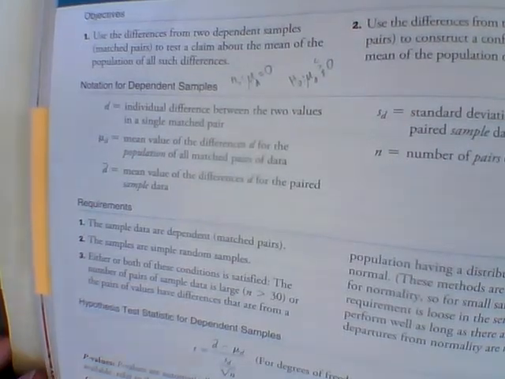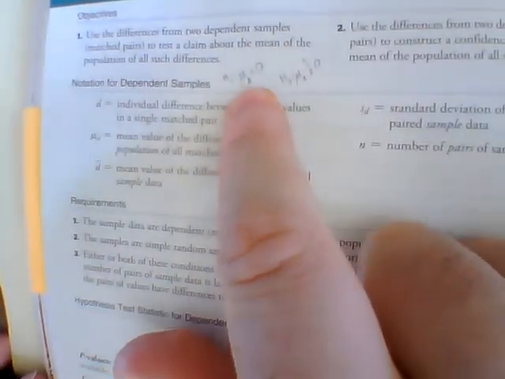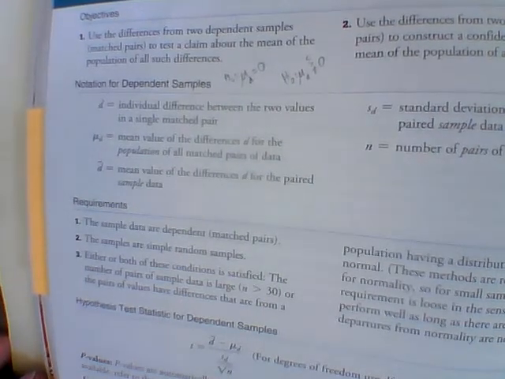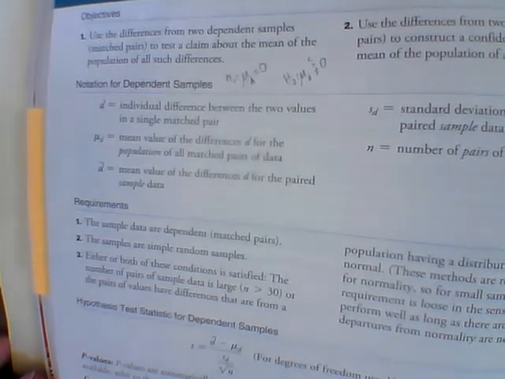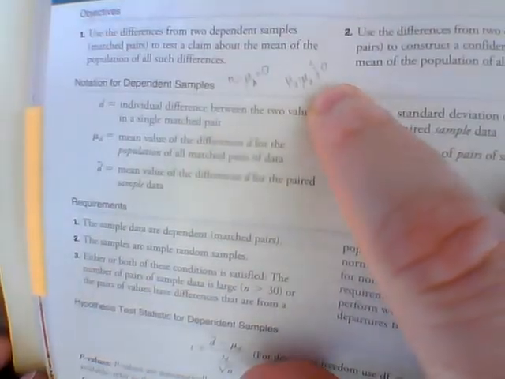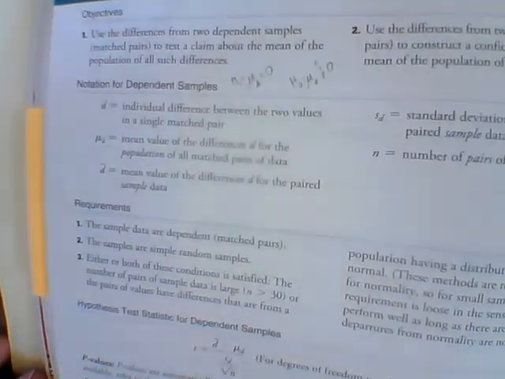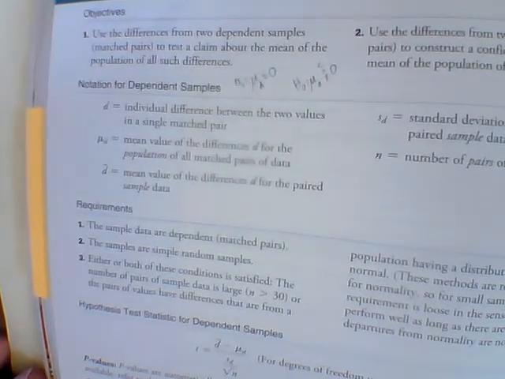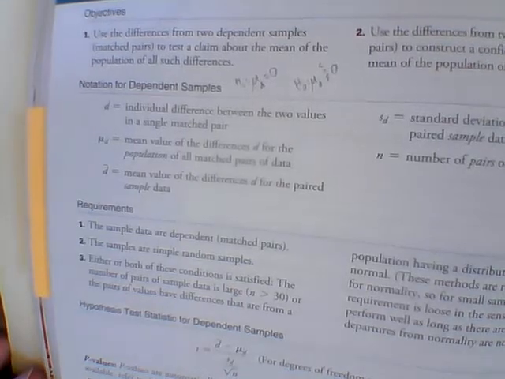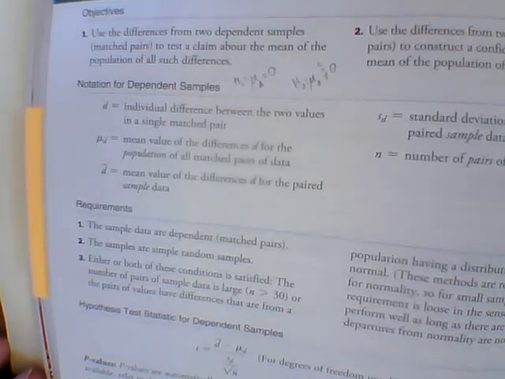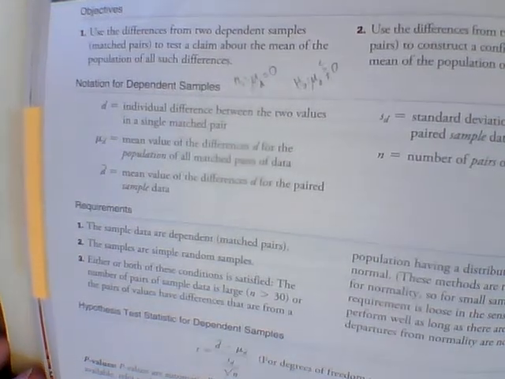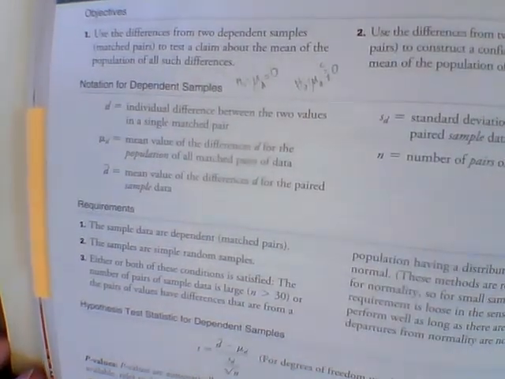Okay, our null hypothesis is going to be the mean difference equals 0. So that means the mean of one equals the mean of another. And then the other one talks about the mean difference being greater than or less than. So I'm talking about the mean difference. This means that in our matched pairs, we are not going to be using the lists of those actual numbers. We're going to be taking the difference between those two numbers in the pairs.